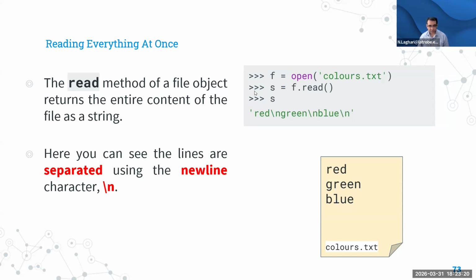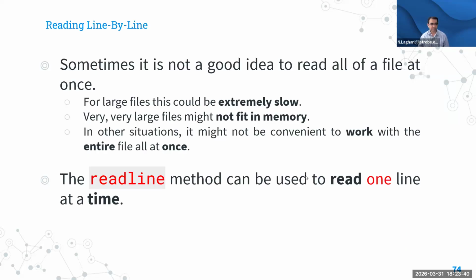Ideally it should be a print statement here, but because of this prompt, it prints the content of the variables. But in Colab, we should be writing print S. So S is now a string that has got the data read from the file.